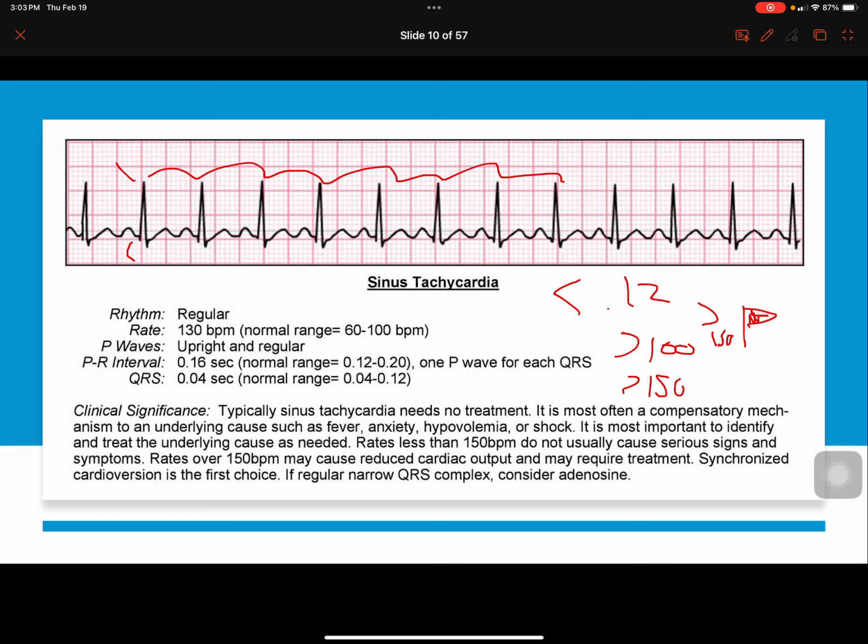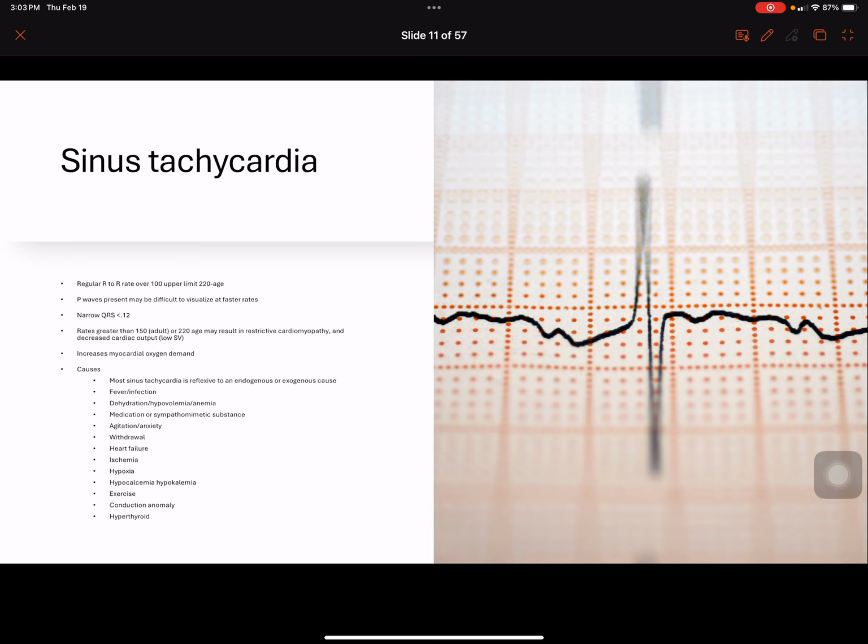So in tachycardias, our treatment pathways are going to be a little bit different. Once we've ruled out all those other causes like hypovolemia and hyperthyroidism and all these other things that could lead to sinus tachycardia, we have to think about those pure cardiovascular causes.